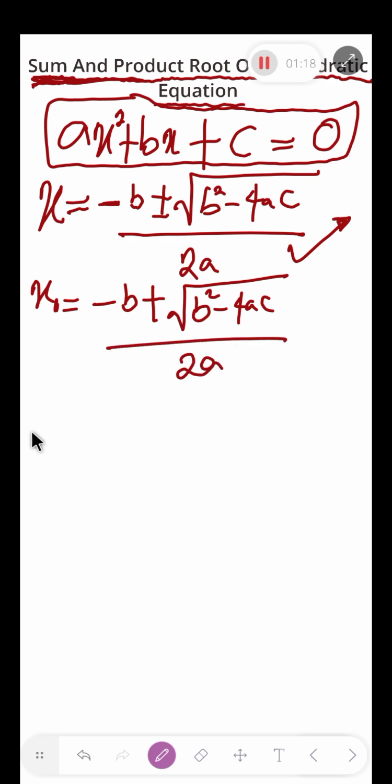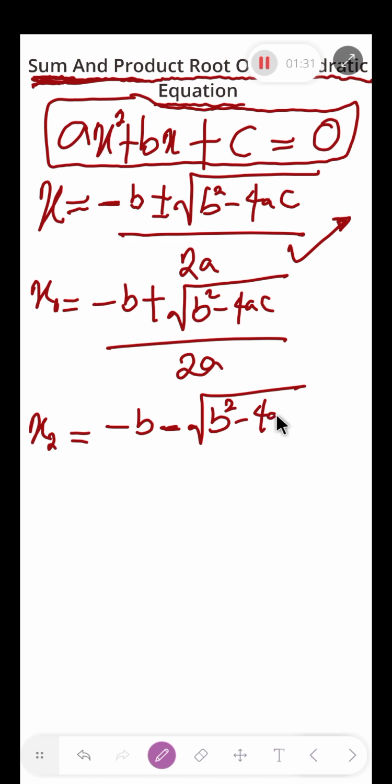This is the first solution. And then the second solution is minus b, now taking the negative part, so I have minus b minus square root of b squared minus 4ac, then all over 2a.